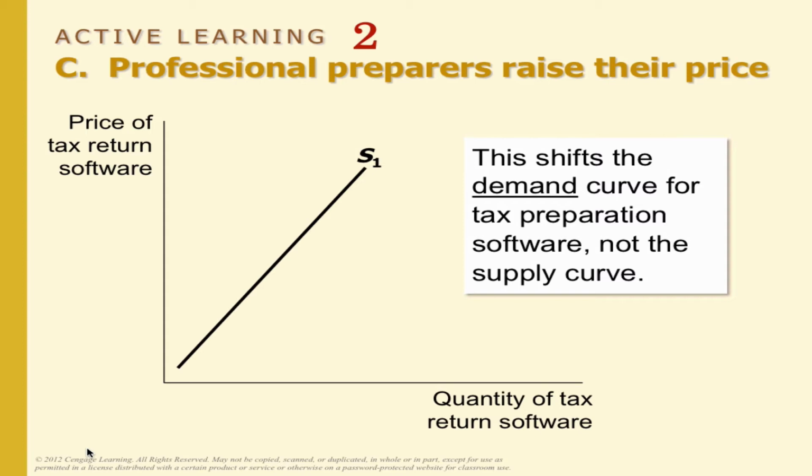An auto workers union agrees to wage cuts. What determinant is that? That's always the first question you ask yourself. Elise? Price of inputs. What input is that? Labor. Good. So what happened to the price of inputs? It went down. So what happens to supply of cars? It goes up. It increases.